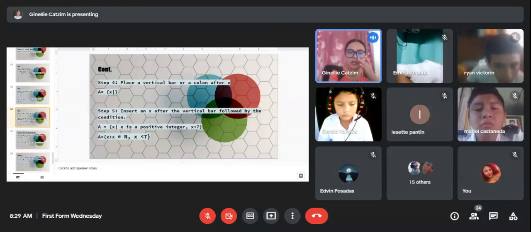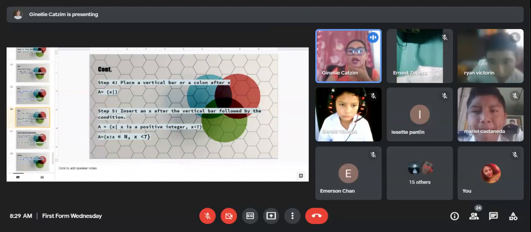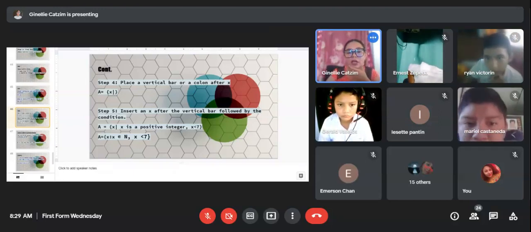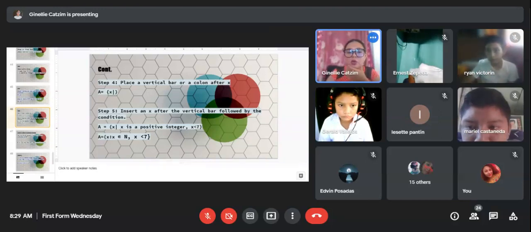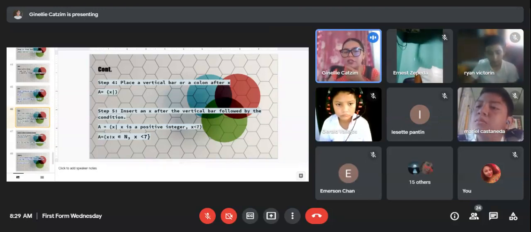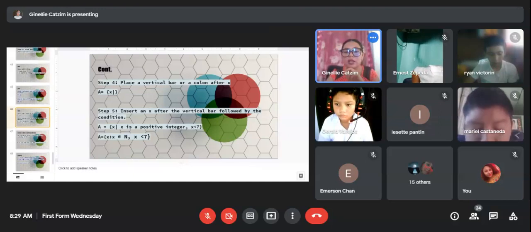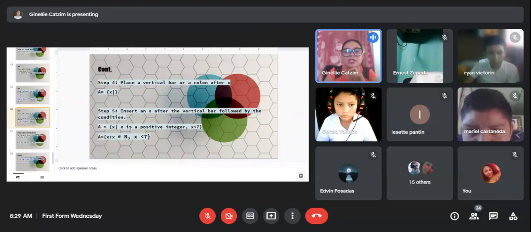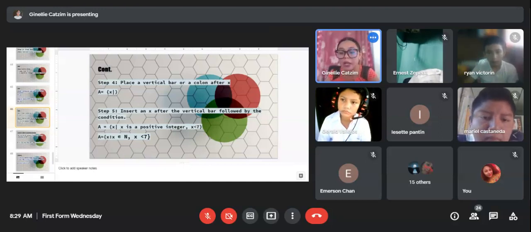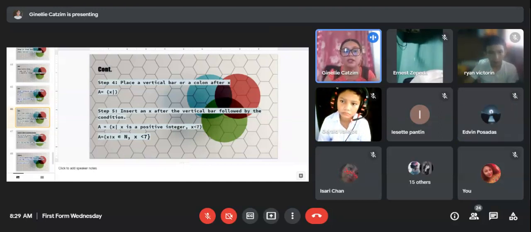So at the end, you should have something like the two examples that I have there. You should have A equals x with a vertical bar, x is a positive integer, or you could use the colon, right? And x is less than 7, or you could simply put, like Ernest said, x is the first 6 positive integers, and that will also be correct, right?